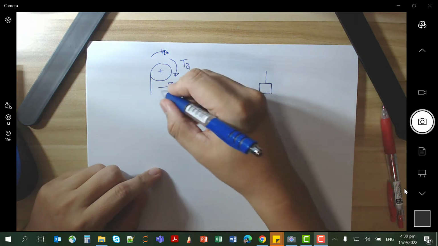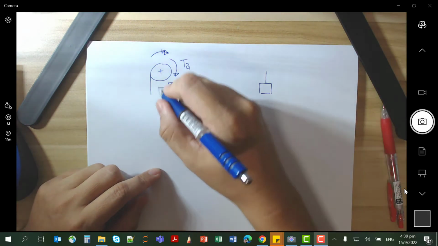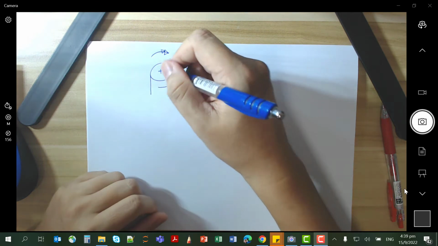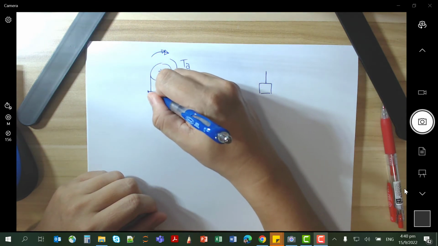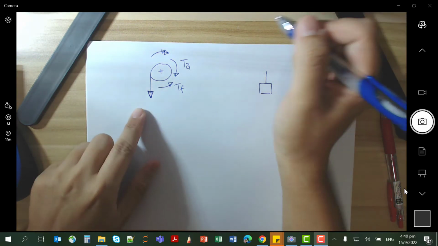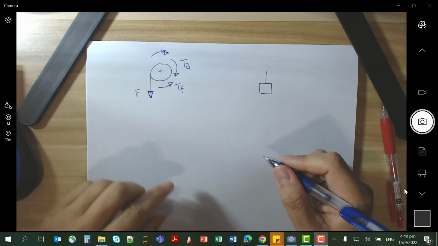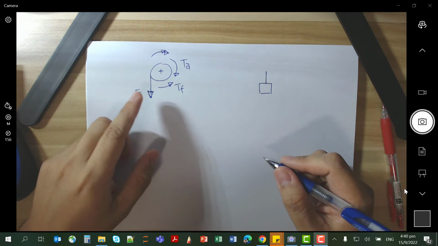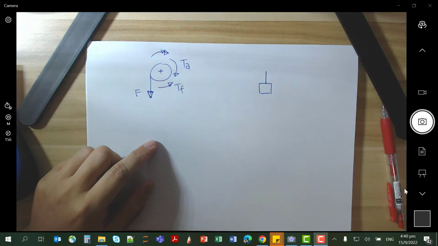And then the object will always try to pull the drive shaft down through a tension. So this is the tension force that is caused by this object. We call this F. And one last thing is the acceleration. You remember sum of F equals ma.